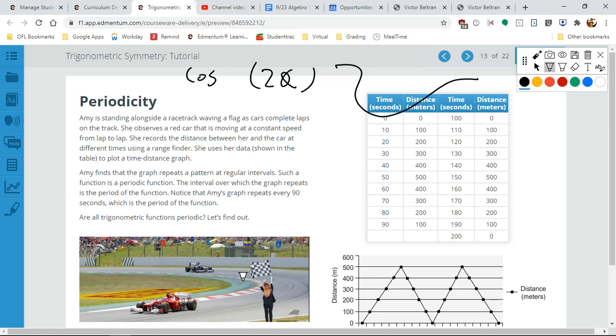But what actually happens is, because it starts acting a lot faster, it gets half as skinny. It goes faster. If it was 1/2 theta of cosine, this graph becomes a lot longer. It starts acting half as fast.